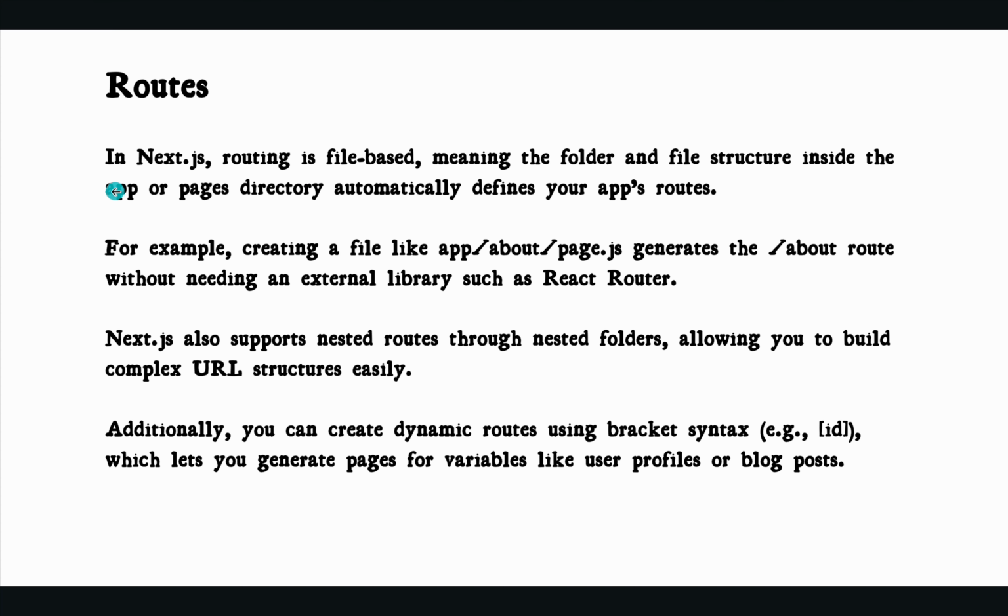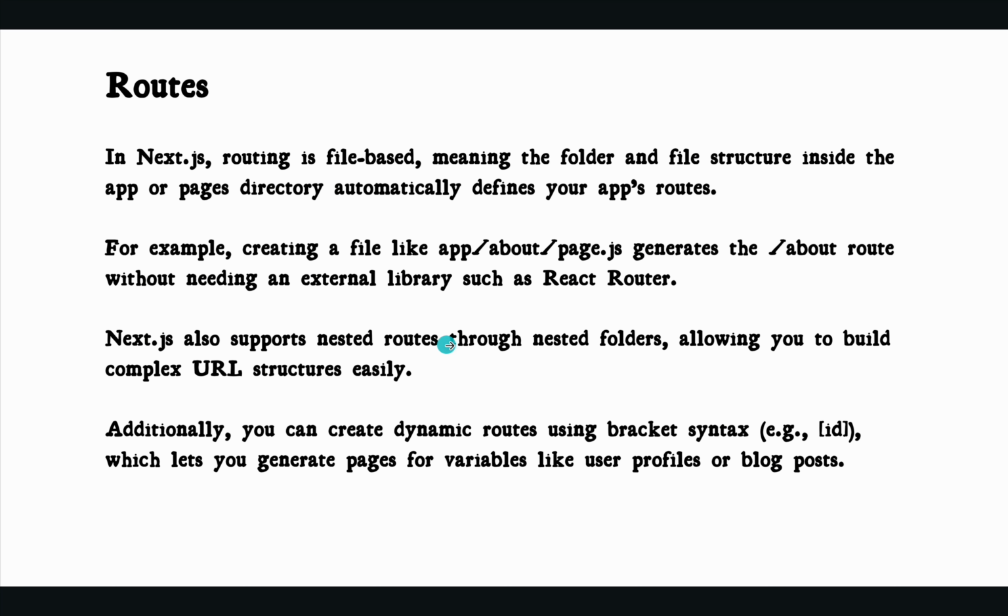In this case, we're going to be using app routing, right? So just ignore this pages directory. For example, creating a file like app, which is the folder, then there's an about folder, and in there a page.js, generates the /about route without needing an external library such as React Router.